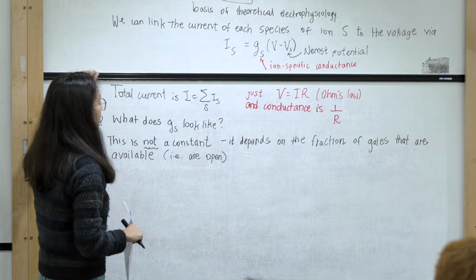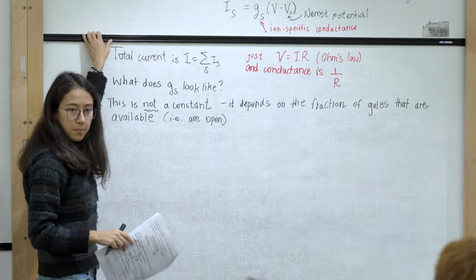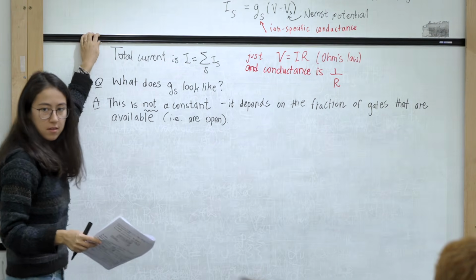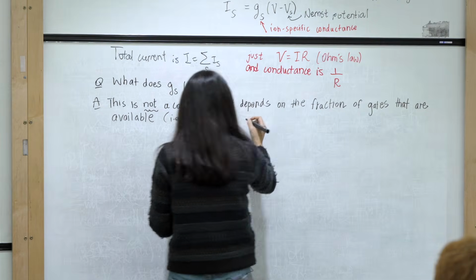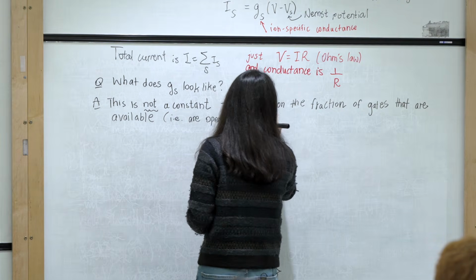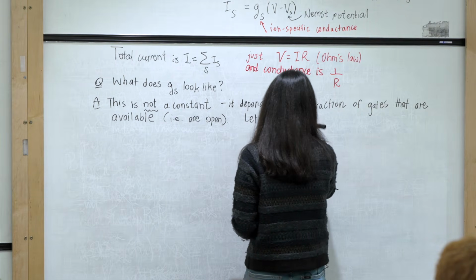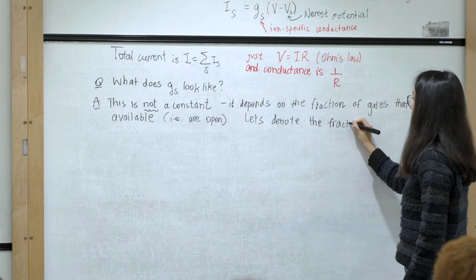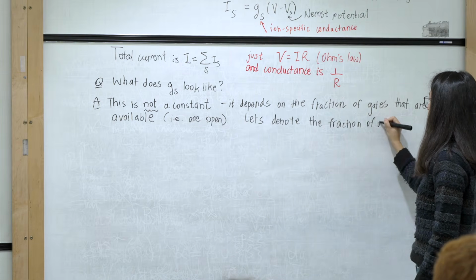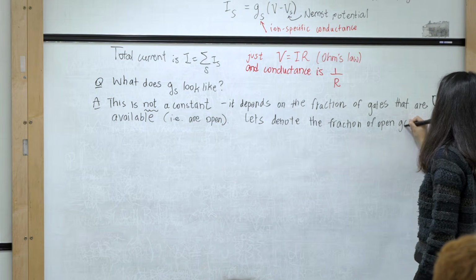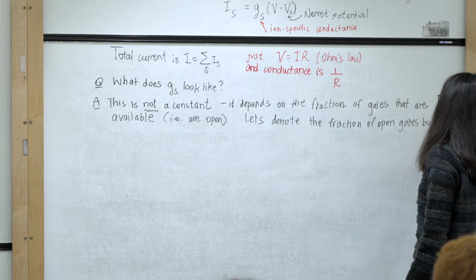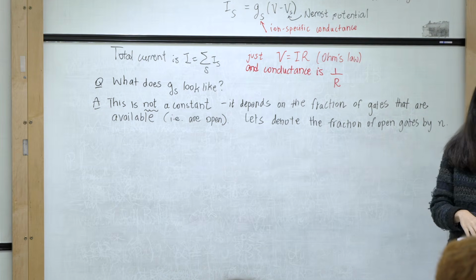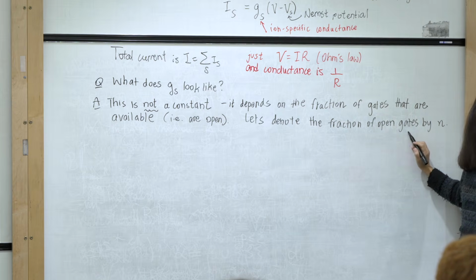Okay, so to do this, I will now denote the number of open gates by n. So let's denote the fraction of open gates by n. In the notes that I will post, I sometimes refer to the gates as channels.